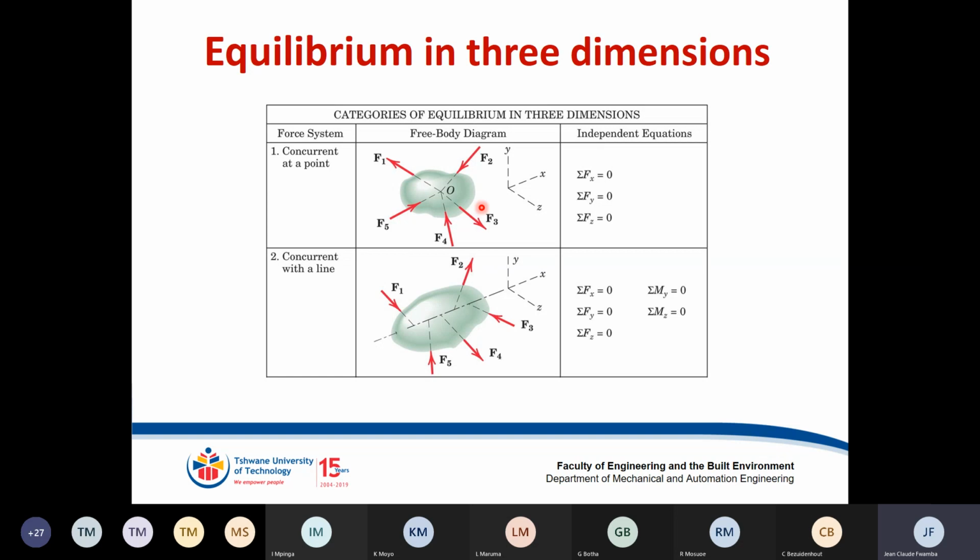One needs to keep in mind, when you add them up, the direction must be taken into consideration. What do I mean by that? For argument's sake, if your F2 is pointing in that direction, all the other components will be pointing in that direction.